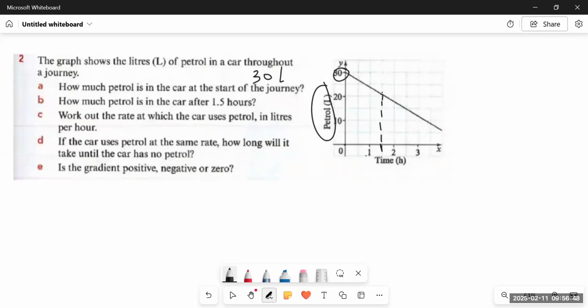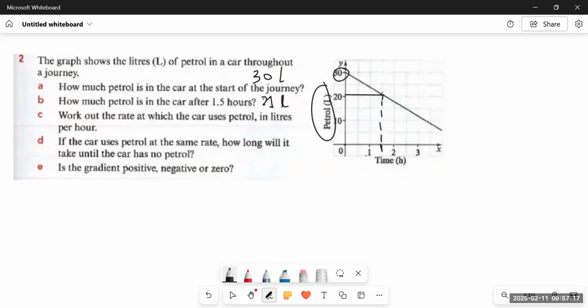So if we look closely, we'll find that it is around 21 liters. Because it's quite above 20, it's not 20, it's 21 liters. From the graph, we can see that it's 21 liters of petrol after 1.5 hours, right?